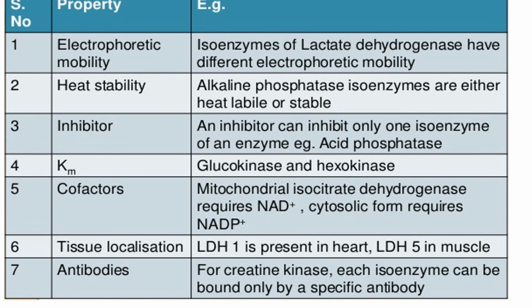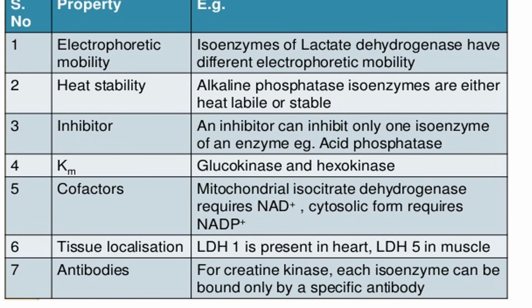Then as far as the Km is concerned, what is Km? Km is the Michaelis constant, and it is the substrate concentration at half of the maximum velocity. And we know that Km indicates the affinity of the enzyme for its substrate. We have just seen that hexokinase and glucokinase both add phosphate to the substrate. Glucokinase has a high Km, whereas hexokinase has a low Km.